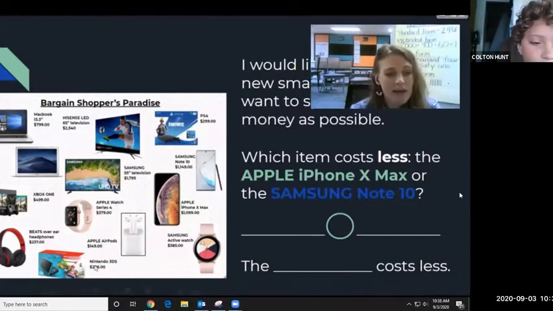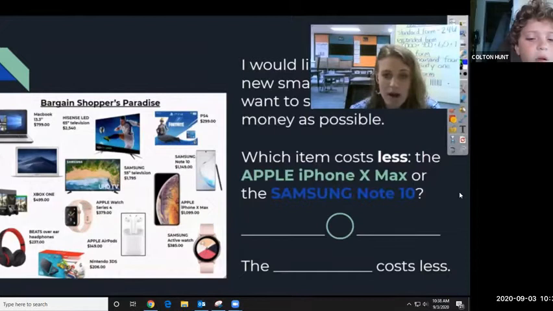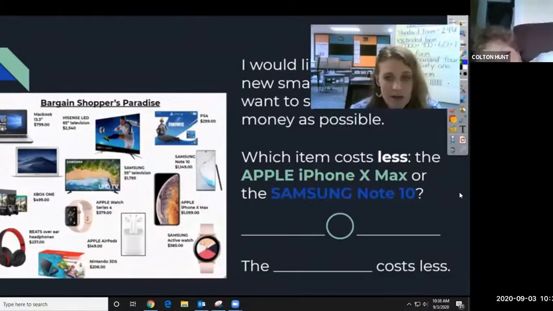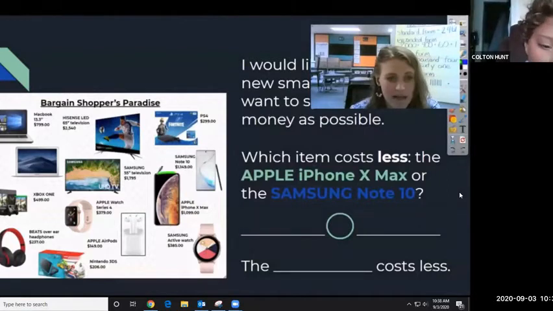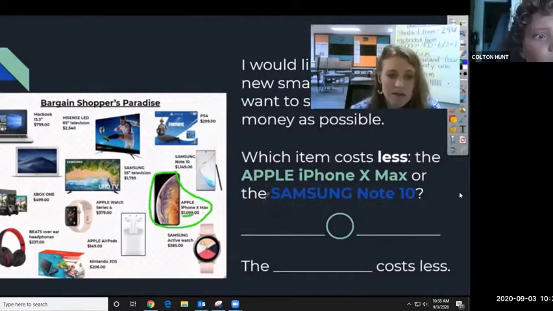So I'm going to look at my catalog here and I'm going to find these items. Apple iPhone X Max. Let's take a look for that one. Oh, here's the iPhone right here. iPhone X Max, and I can see that that has a cost of $1,099.00.